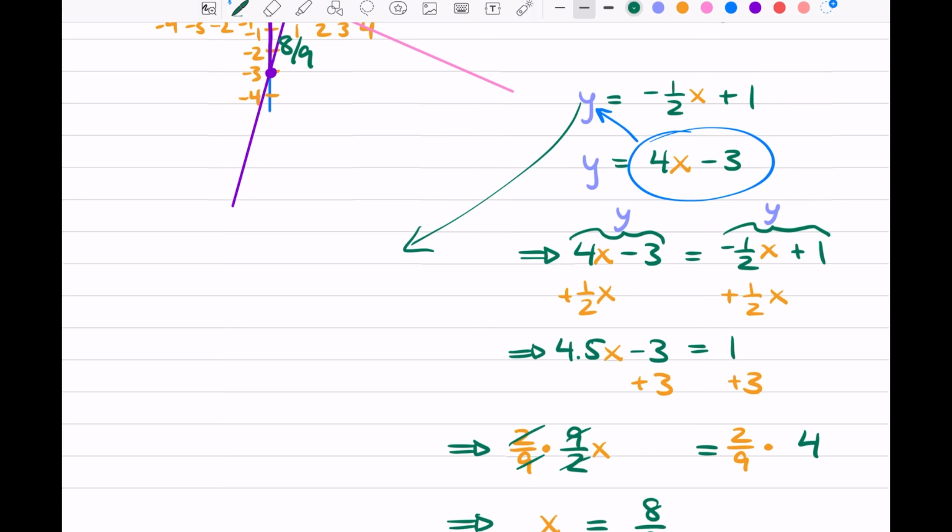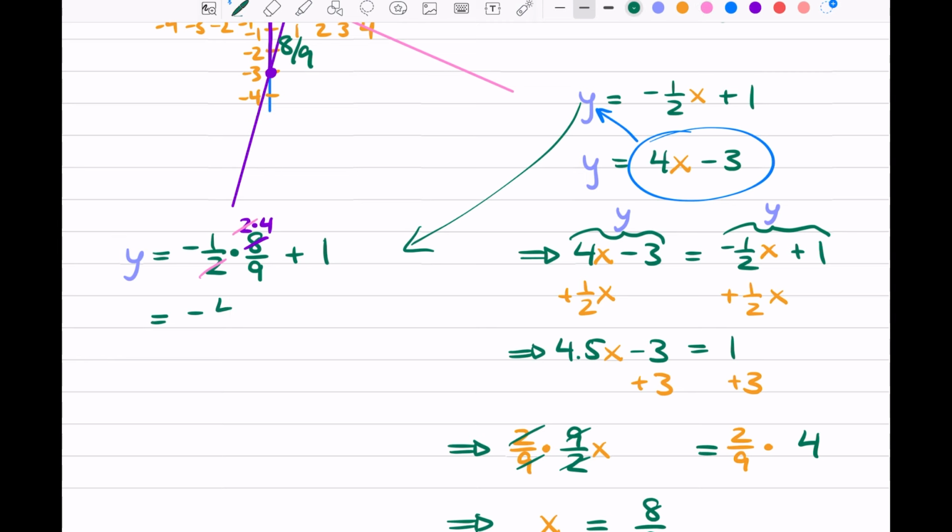I'll take this first equation. Y equals -1/2 times x, which is 8/9, plus 1. All right, and our 8 here, we can rewrite as 2 times 4. That allows us to cancel these 2's.